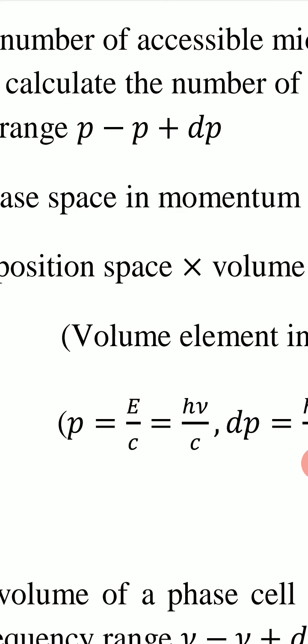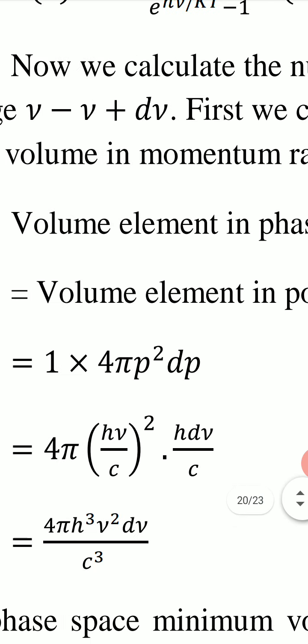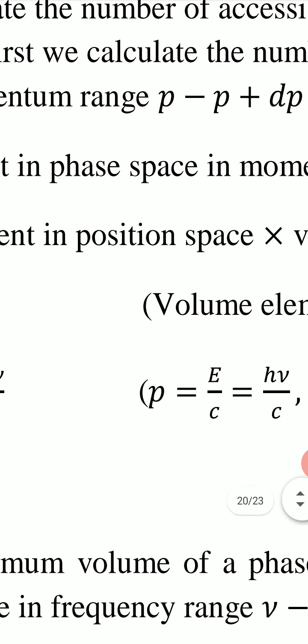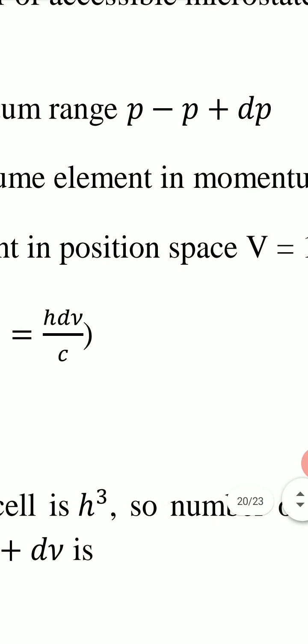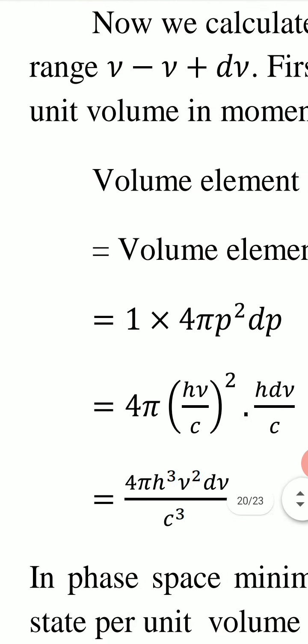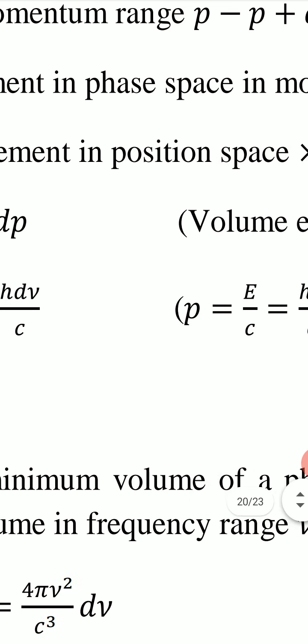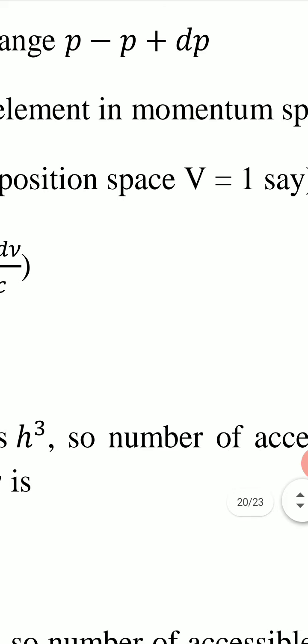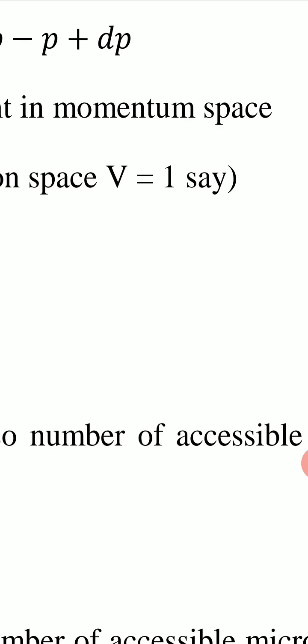For this, we consider a phase space, which is 6-dimensional space, having 6 axes, 3 for position x, y, z, and 3 for momentum components px, py, pz. So the volume element in phase space in this momentum range p to p plus dp will be equal to the volume element in position space into the volume element in momentum space. Phase space is divided into two parts.